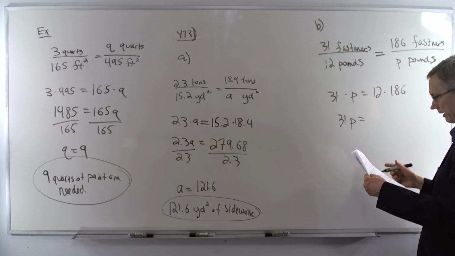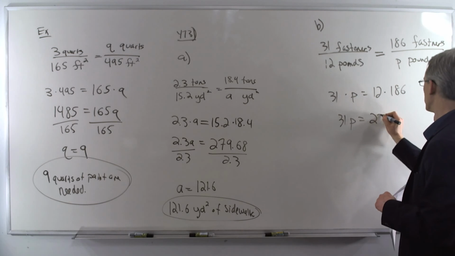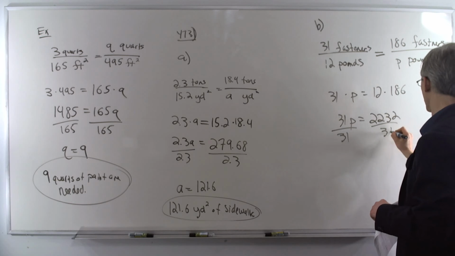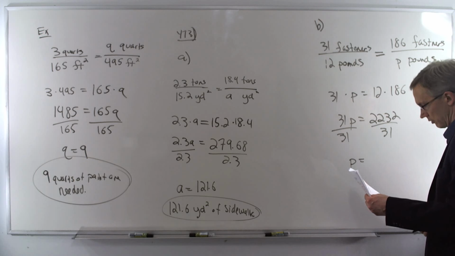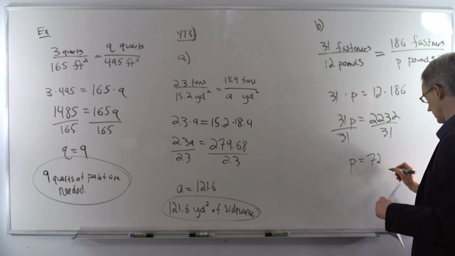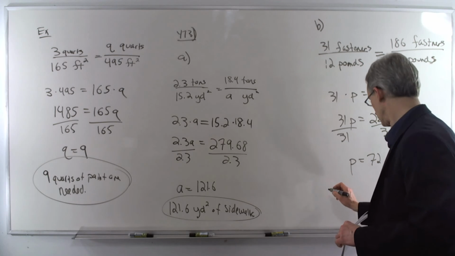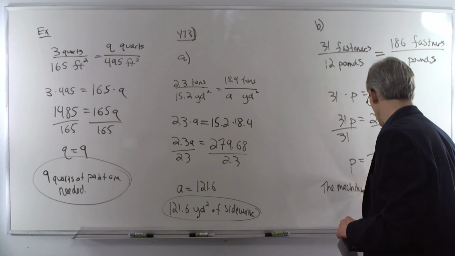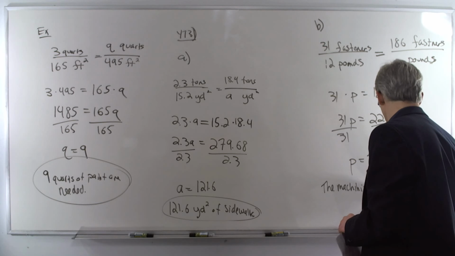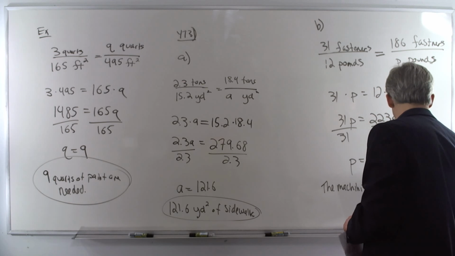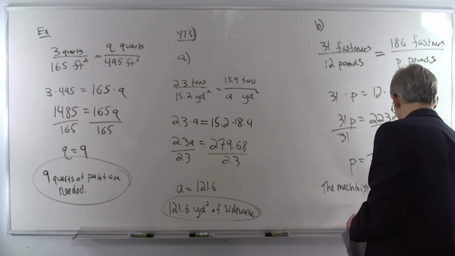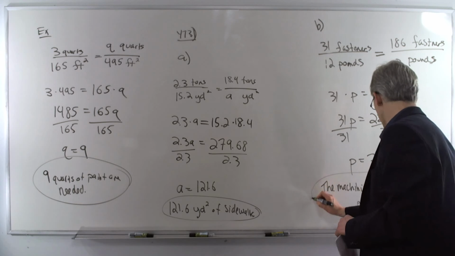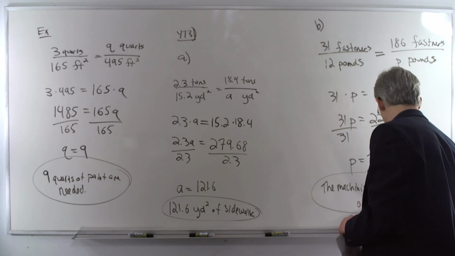That's better. 31P equals 2232. Divide by 31, and P equals 72. The machinist needs 72 pounds of steel.